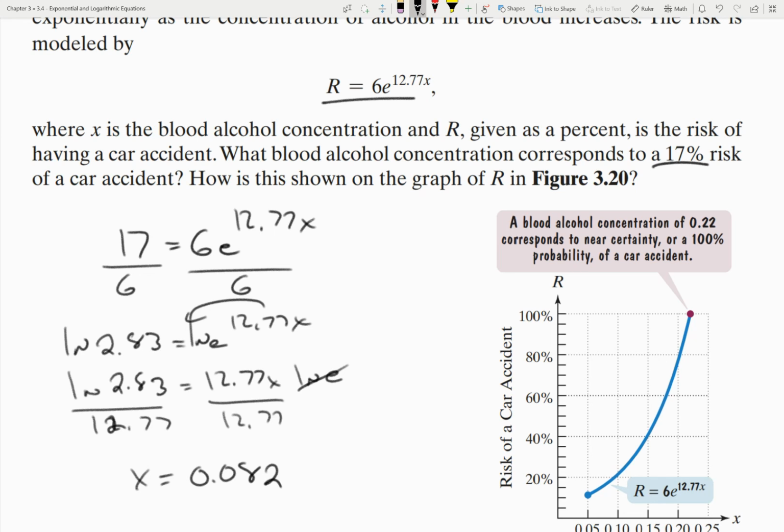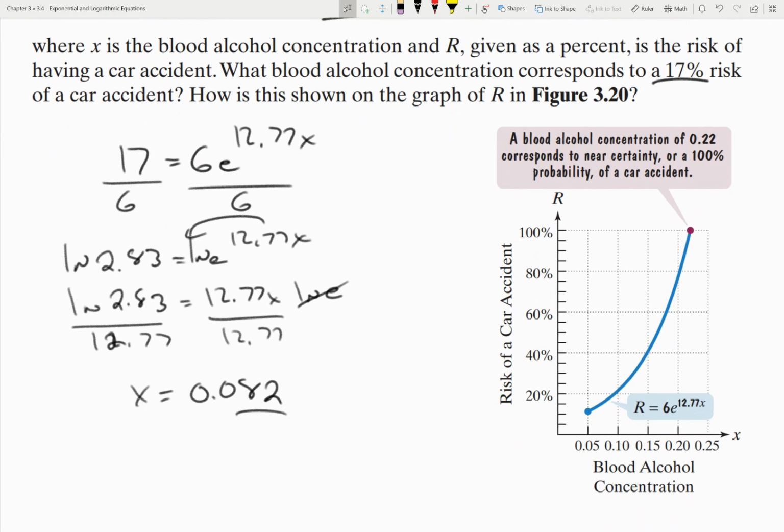0.82. Okay? So even though a 17% risk sounds like it's not that risky, it would still be illegal to drive in California at this time, because your blood alcohol would be over 0.08. And you can see from the figure that sort of makes sense.